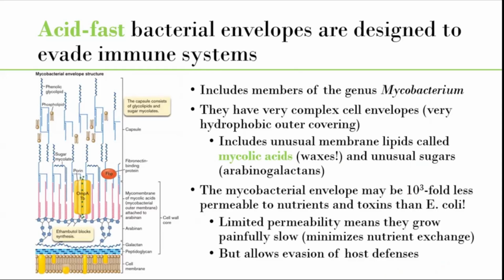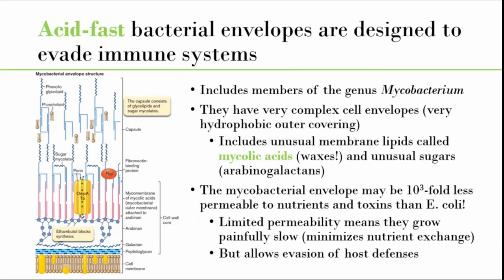So it's still there amidst all this other crazy stuff. The majority of this stuff, they are lipids. They are very long lipids. When we get long lipids, they create waxes. So in particular, there's a lipid called a mycolic acid, which is right here. And that is a really strong wax.